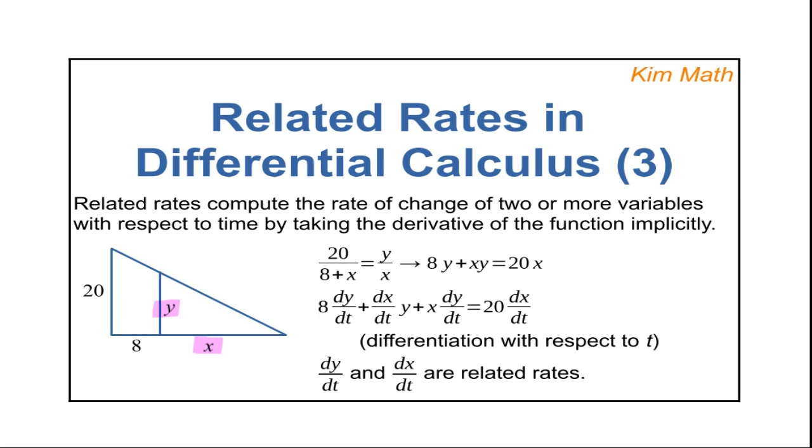For example, the height is 20 and the small base is 8, and according to the value of y, x can be varied, right? To handle related rates, always don't forget we must find some equation containing our variables x and y.